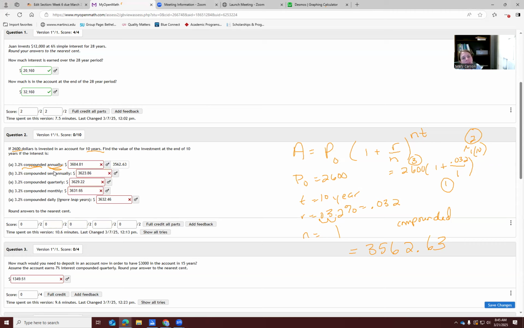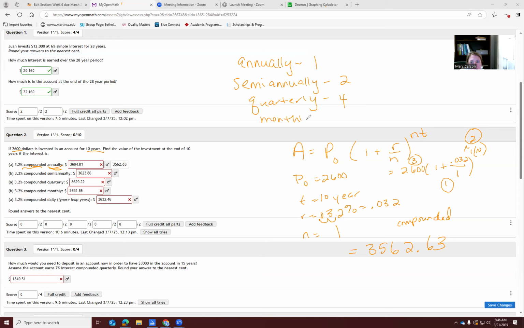Now, the difference here is this one said semi-annually, so it may help you to know that compounded annually means 1 time a year. Semi-annually would be twice a year. Quarterly, if you meet quarterly, that's 4 times a year.